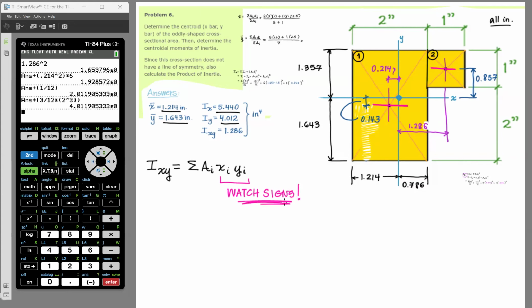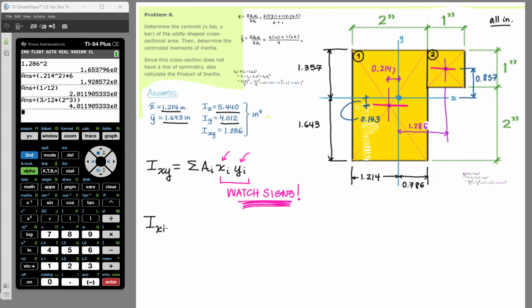So in every other type of moment of inertia calculation, we were squaring a distance. So we did not have to track negative signs because we were squaring whatever that was. Just don't bother, just write it as a magnitude. But here, this gets a sign, this gets a sign, so their product could be positive or negative, and we have to carry those signs through.